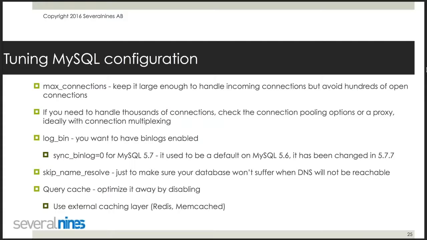Binary logs, you want to have them enabled. That's for sure, because it's for safety, point in time recovery, and of course, if you run replication, you have to have binary logs enabled. The one gotcha in MySQL 5.7 is that by default, sync_binlog is set to 1, which means that there's a sync after every write to a binary log.